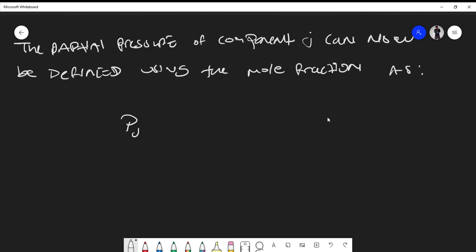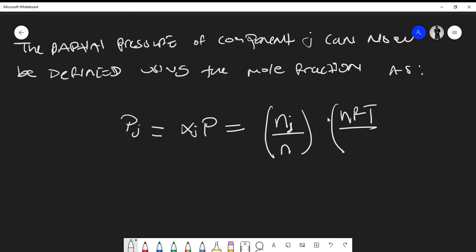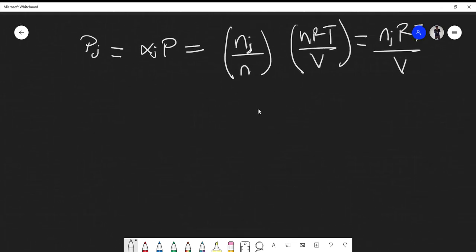So Pj is equal to Xj times P. And we could write this out as Nj over N times nRT over V, and that's equivalent to NjRT over V. So that's our mole fraction equation.